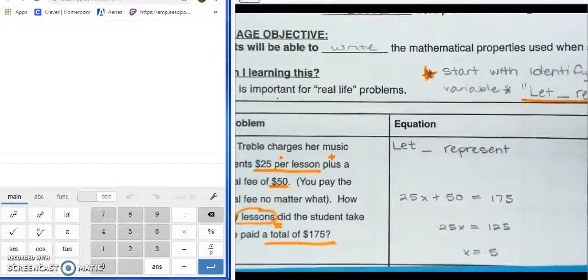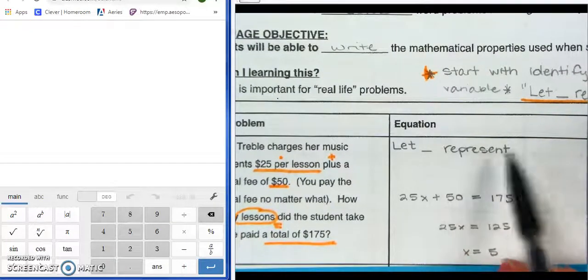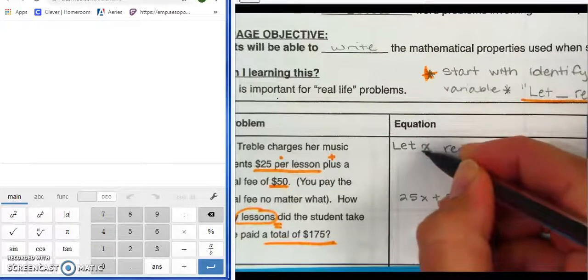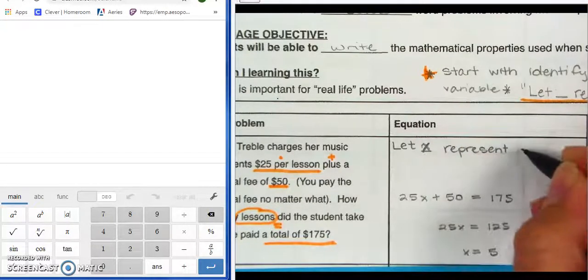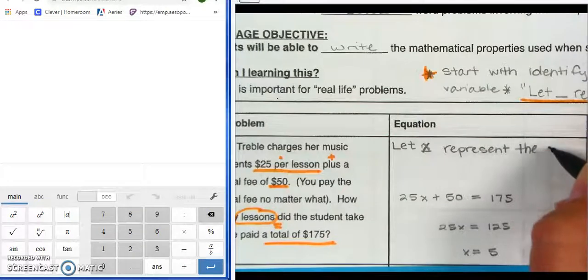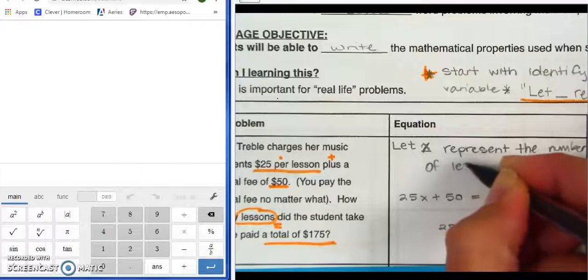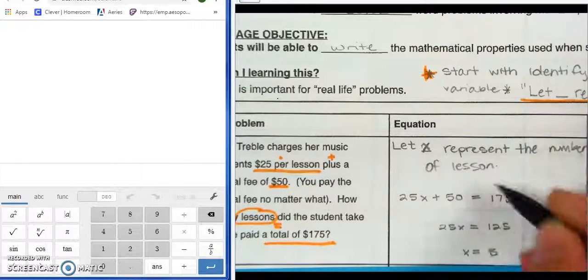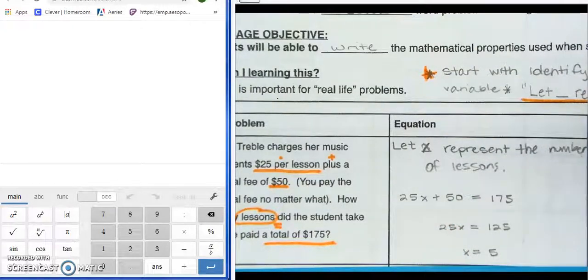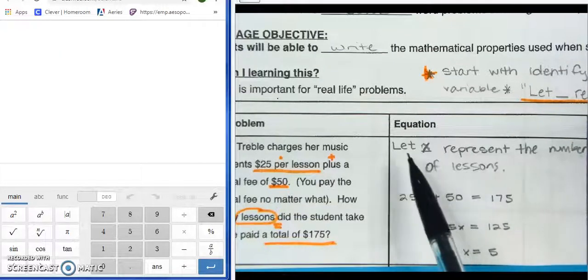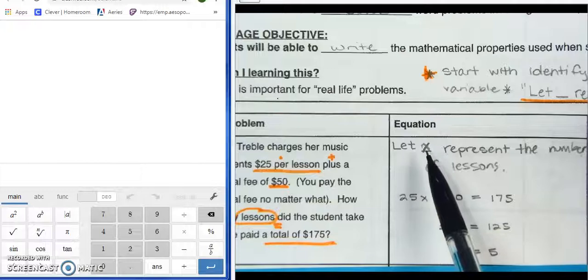So right here, you'll notice that I already said let blank represent, and then I left it open. So for lessons, let's just use X. Let X represent the number of lessons, because that's what we're looking for. Let X represent the number of lessons. And then we can use X in place of lesson when we see it.